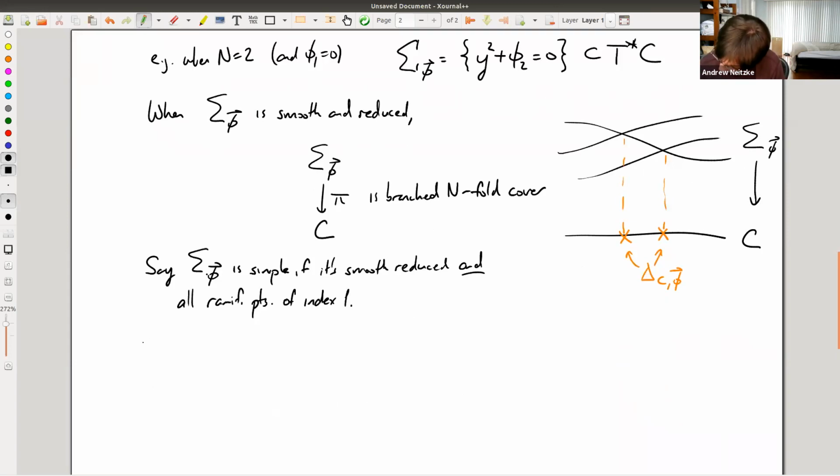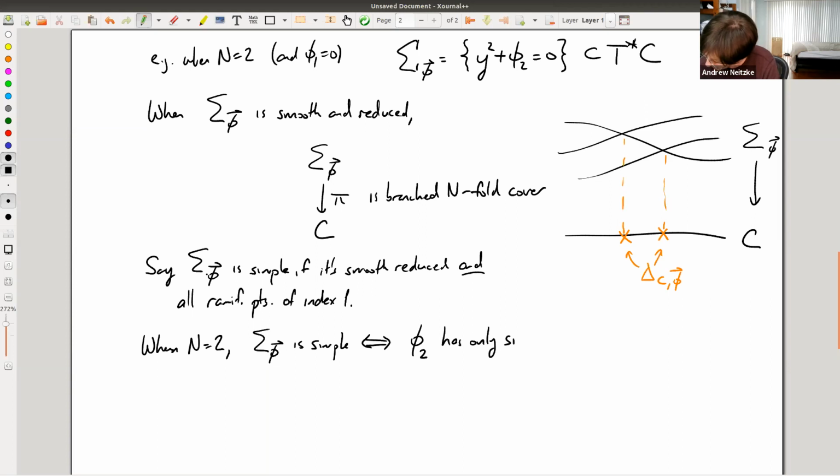And again, in this basic case, when n is 2, sigma phi is simple if and only if the quadratic differential phi 2 has only simple zeros. Right?